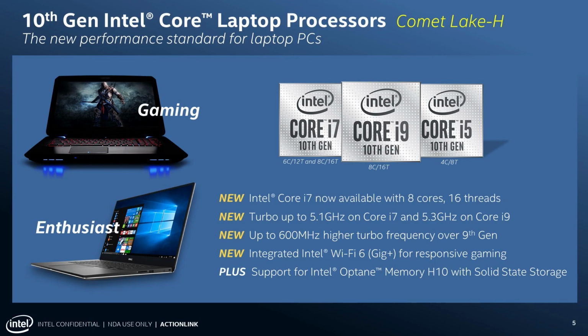Of course, and this is really key in a gaming system, especially gaming systems that sell $1,000 or more, is to have that Intel H10 Optane memory with solid state drive in it.